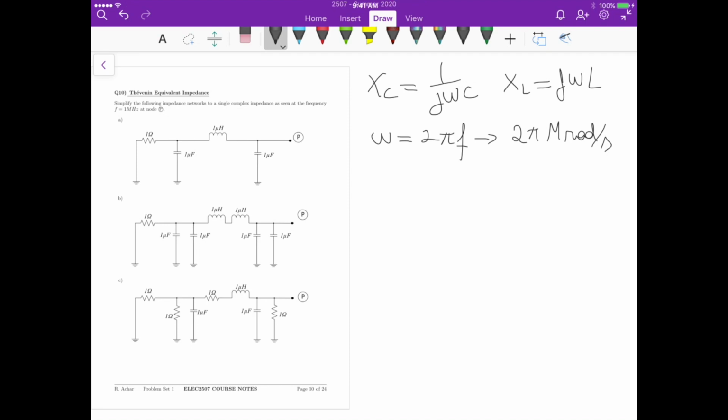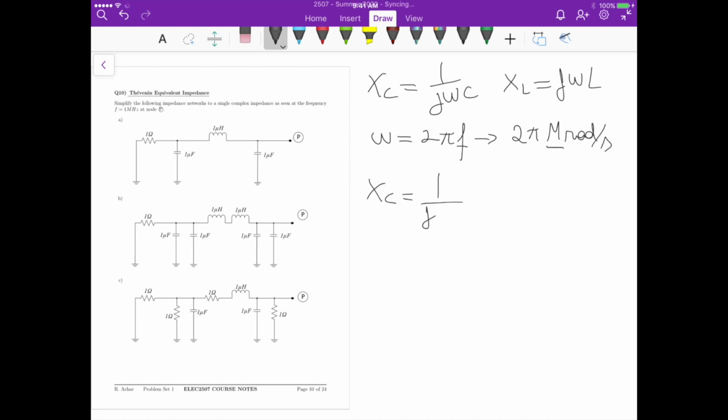Now you see that in circuit C, we have 1 microfarad for the capacitors and 1 microhenry for the inductors. So this leads to XC equal to 1 over j, because it's micro, it's 10 to the minus 6, right?